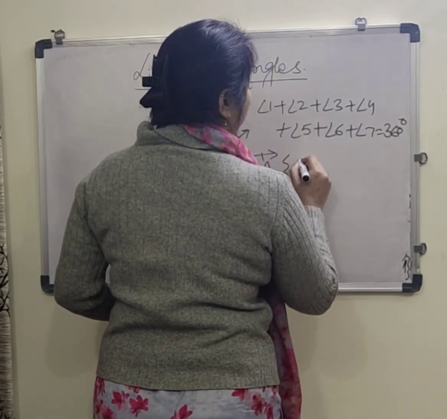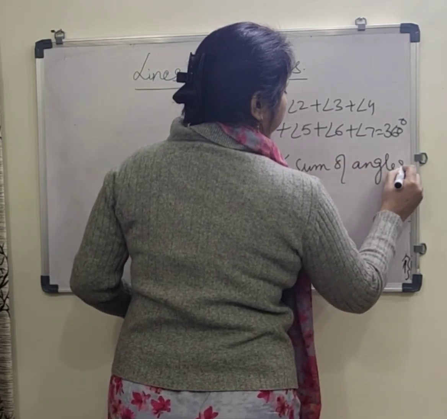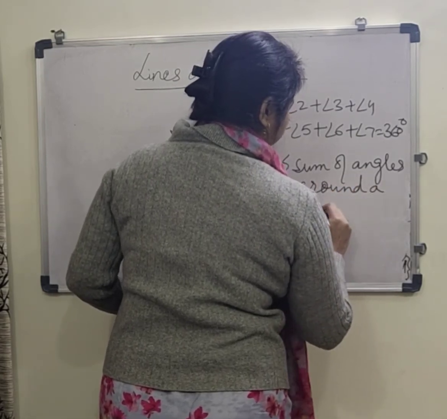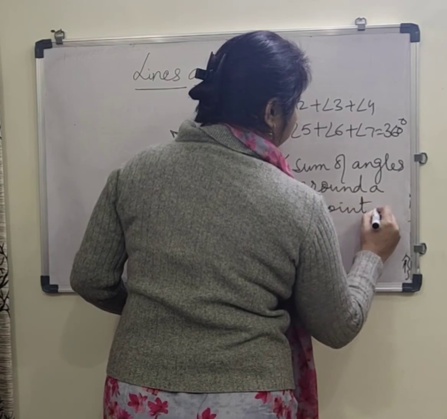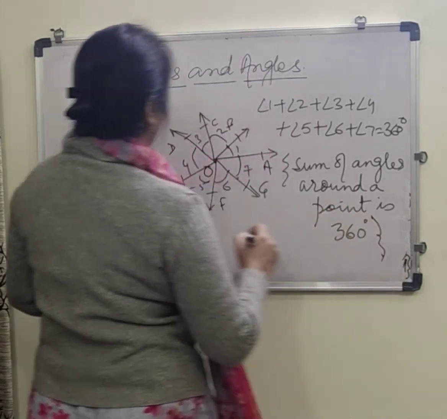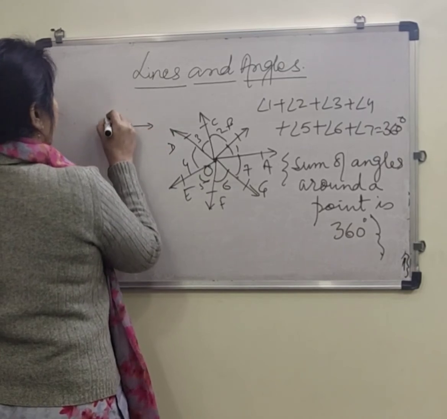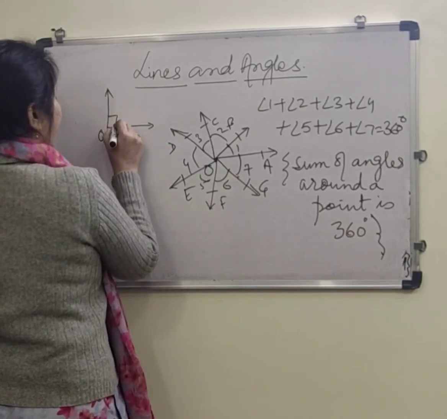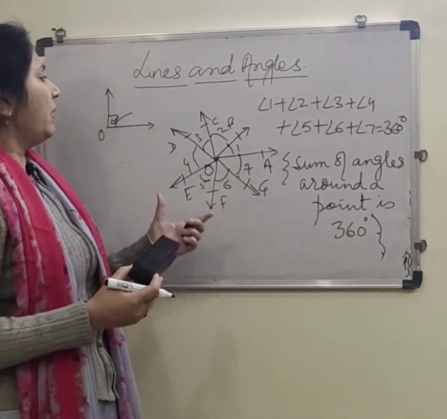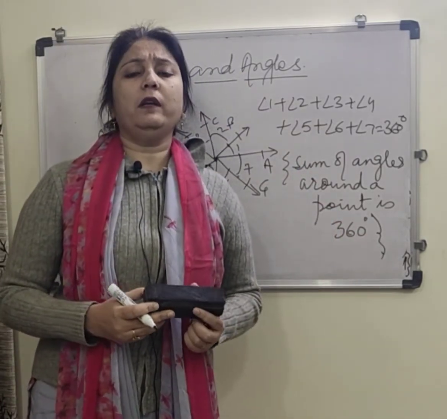The reason is the sum of angles around a point is 360 degrees. If any angle is marked like this, say this is a ray, this is another ray from that point, and marked like this, remember this is the symbol of 90 degrees. So the sum of all the angles around a point is 360 degrees.